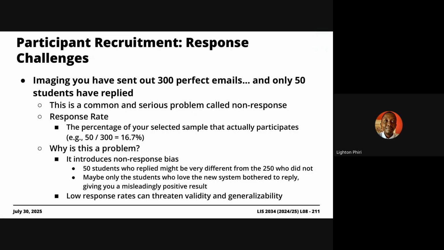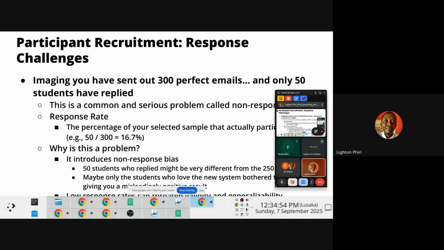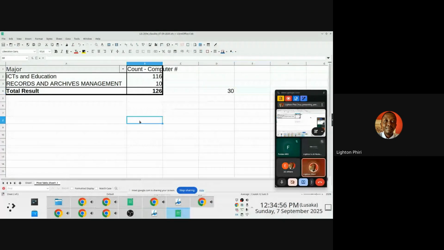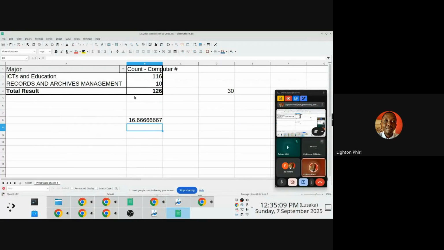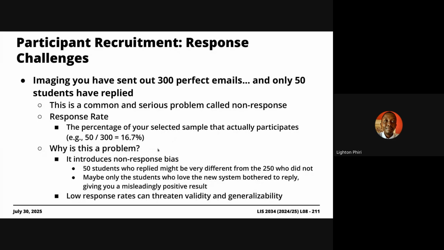For the example I just gave, where you only have 50 out of 300, the response rate is 50 divided by 300 times 100, which is 16.7%. That's the response rate for this hypothetical example.